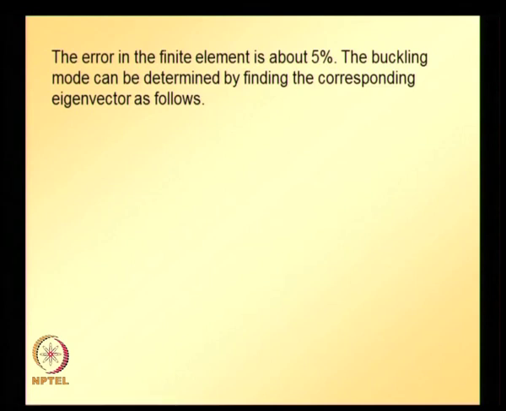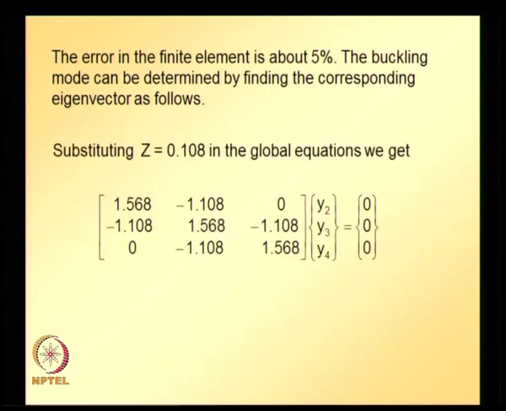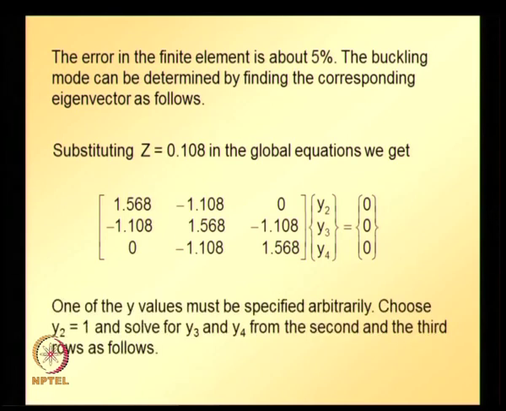The buckling mode can be determined by finding the corresponding eigenvectors. We got the eigenvalues, and by substituting each eigenvalue back into the equation we can determine the corresponding eigenvectors. Substituting z equal to 0.108 in the global equations, and again when solving for eigenvectors, one of the y values must be specified arbitrarily.